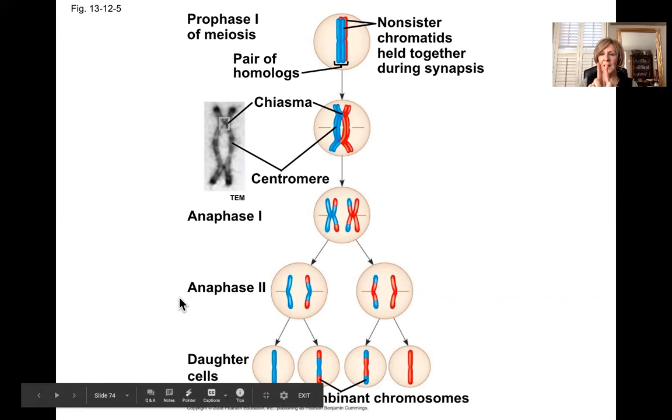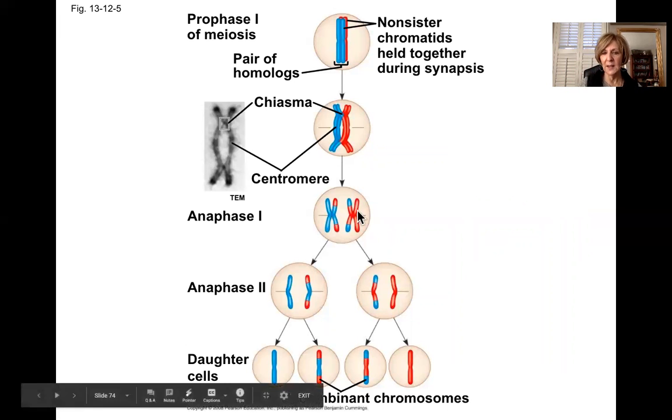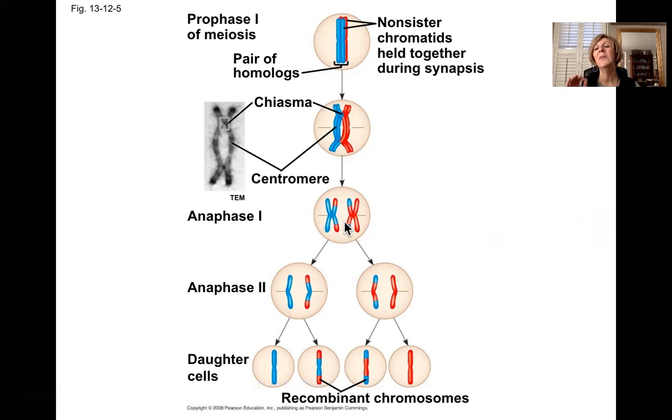So the non-sister chromatids, the ones that are not identical, the sister chromatids are identical, but when the tetrad comes together, when the homologous pairs form, the arms of the non-sister chromatids can cross over. That forms a chiasma, and that genetic material can exchange. And so we see that here in this picture. And those chromosomes now are different. That's going to be variety that we didn't have before.